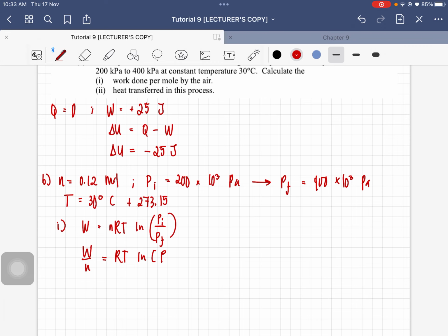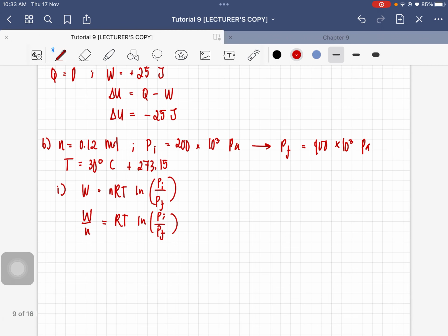Actually, this is P_i over P_f. Okay, so kamu just perlu substitute lah all the values that we have extracted just now, and the answer would be equal to negative 1.75 times 10 to the power of 3 joules per mole. So perlu ada per mole lah, sebab sekarang ni kita cari work done per mole, not work done sahaja.